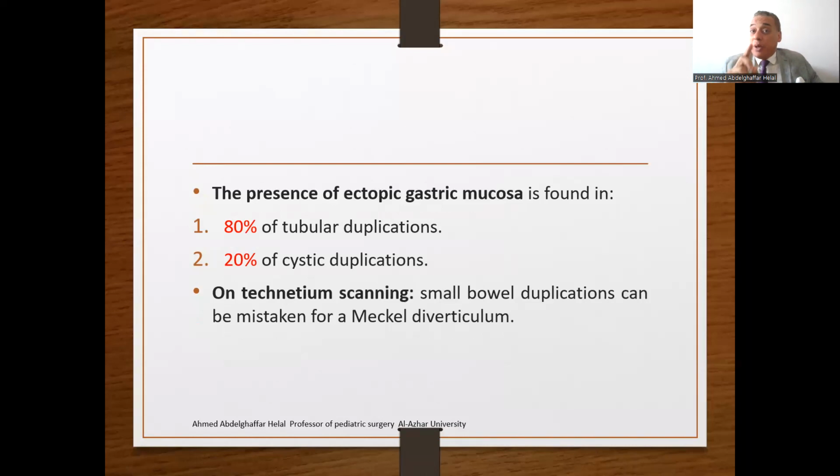Ectopic gastric mucosa is found in about 80% of tubular duplications and 20% of cystic duplications, meaning that the child may present with painless gastrointestinal bleeding. On technetium scanning, small bowel duplication can be mistaken for Meckel diverticulum.